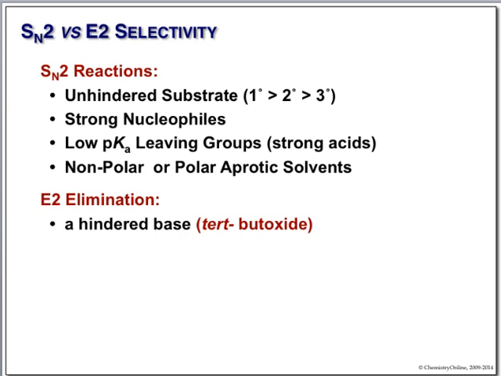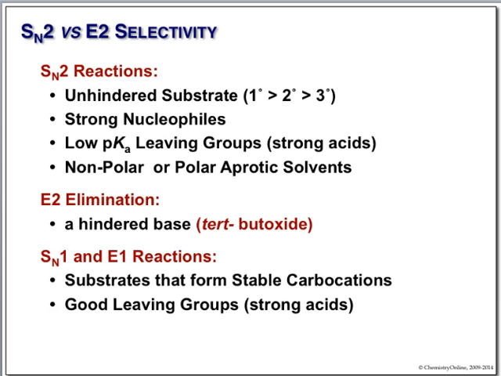If we want E2 elimination, all you have to remember is tert-butoxide. That will give you E2 because it can't get in there. SN1 and E1, well, that's just a real toss-up because they're both going to form stable carbocations. They both happen in polar solvents. You almost always get a mixture of products.